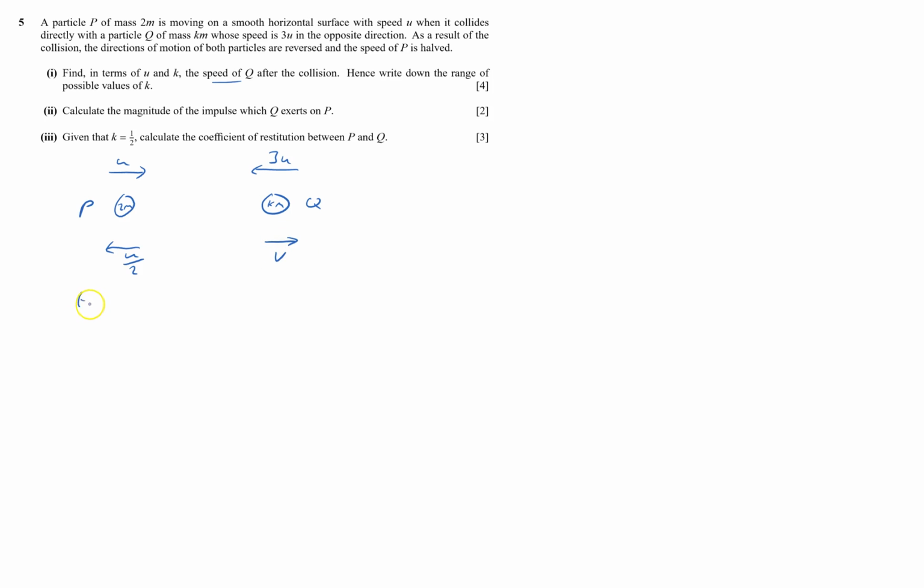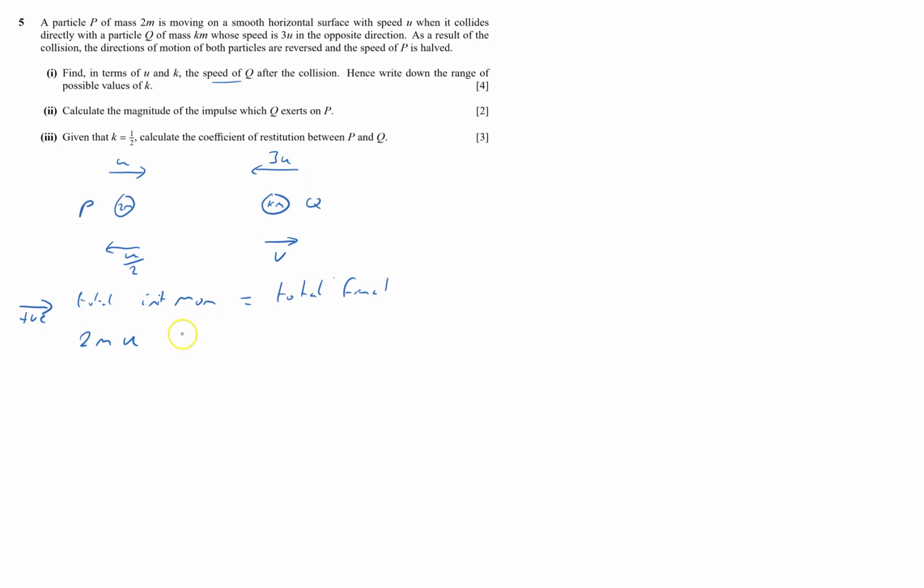So we're going to have total initial momentum equals total final. And we also have to remember that for momentum, direction matters. I'm going to take that way as being positive. So I've got the mass 2m times velocity u.